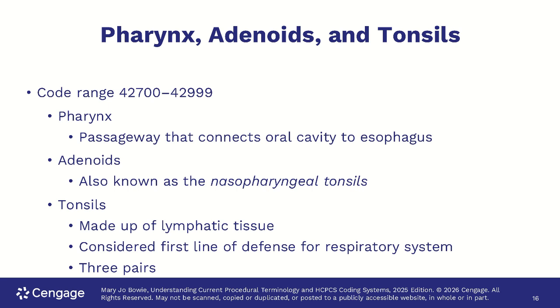So there's three pairs of tonsils: the nasopharyngeal tonsils, that's also the adenoids; the lingual tonsils, which are at the base of the tongue on the posterior surface, and then the palatine tonsils, which are the pair that are most commonly referred to as the tonsils. One thing about the human body, it is definitely complex. It has a lot of stuff going on. In this particular code family, you're going to see the same stuff: incision, excision, destruction, repair, and then other procedures.